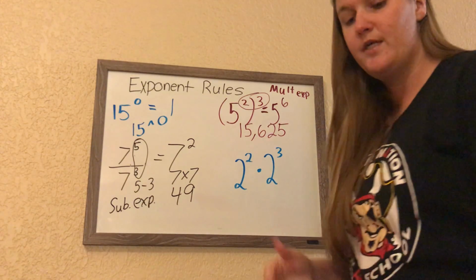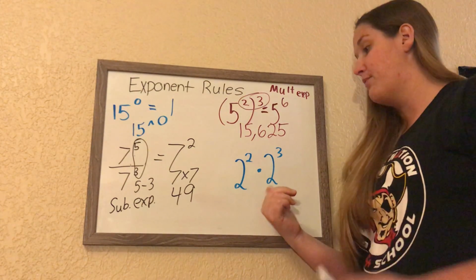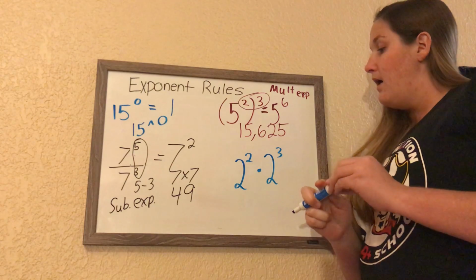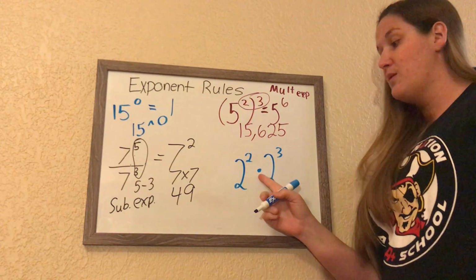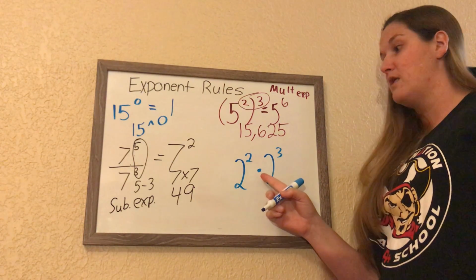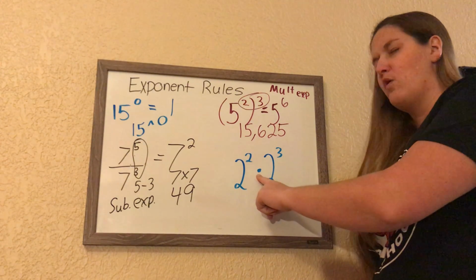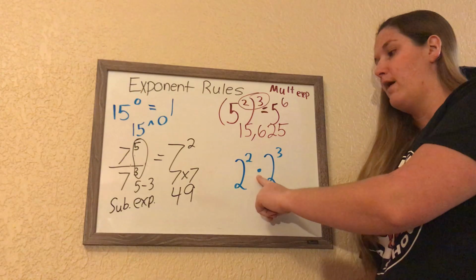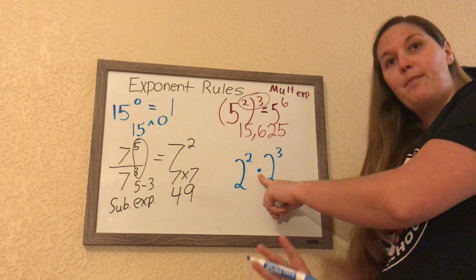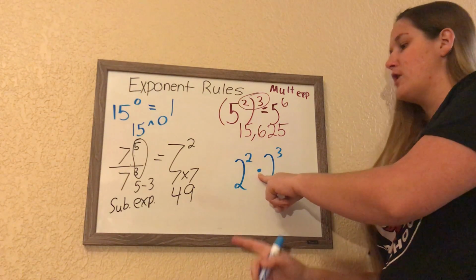All right, and then this one is a review of what we already did in the previous video. When we are multiplying, you can show multiplication by using the X that you're used to seeing, or once again, I know that we've seen this dot, but we don't use it too often, so just remember that that dot can mean multiplication.